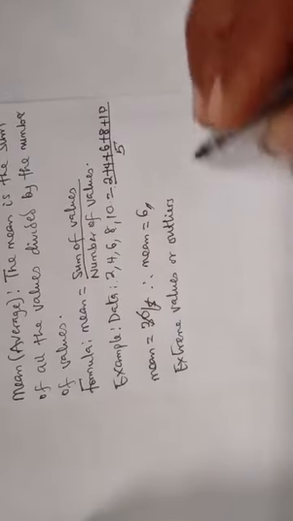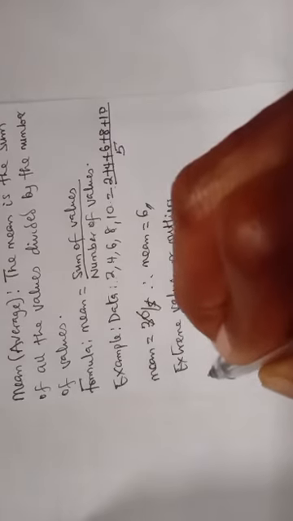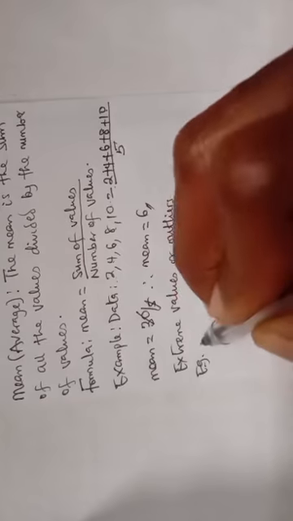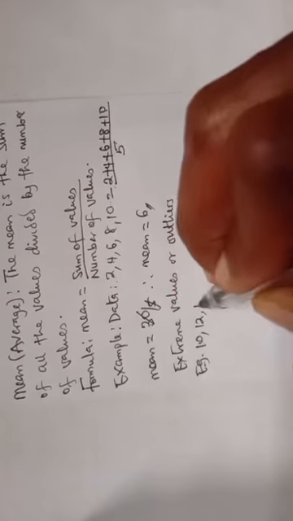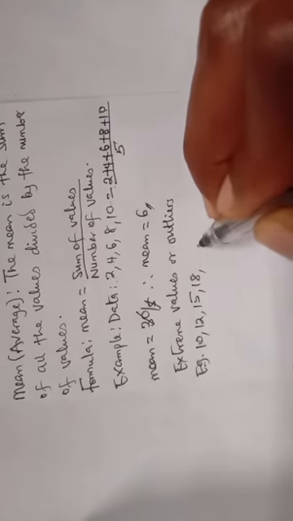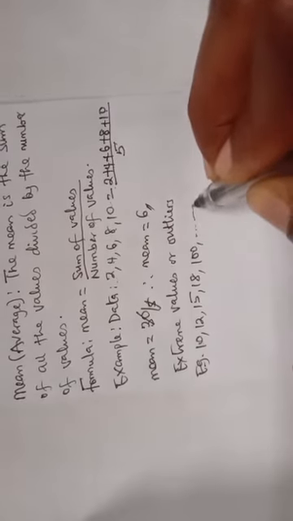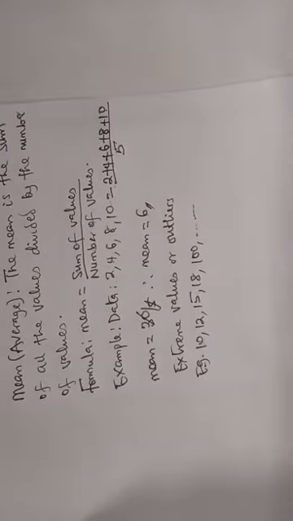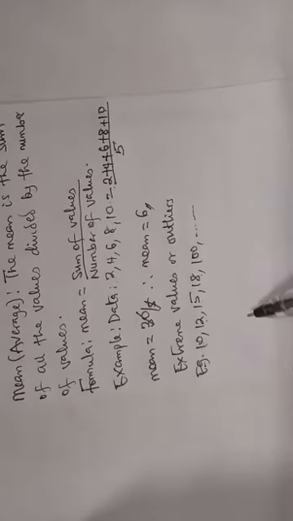Okay. Now, let me just say I give something like this. I have these scores: 10, 12, 15, 18, then possibly 100, and so on and so forth. If you watch, these numbers are very close to each other. Now, from 18 to 100, that's a very big gap already.